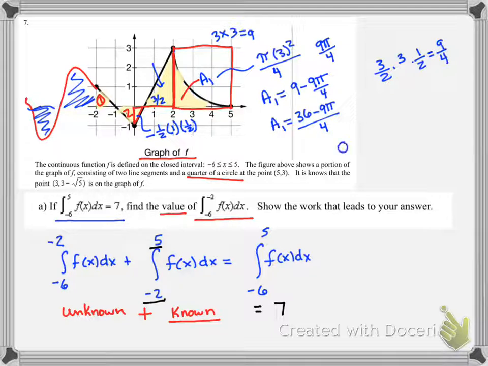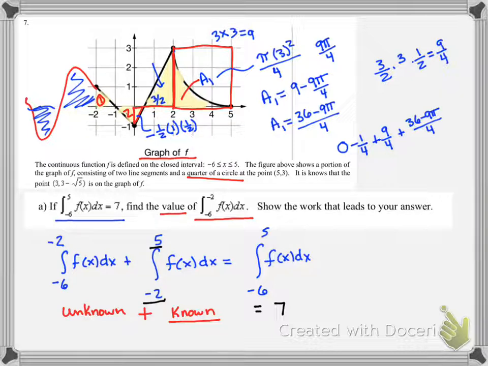So let's sum up all of our areas. We had a 0 portion that canceled out, a -1/4, a plus 9/4, and a plus 36 minus 9 pi over 4.